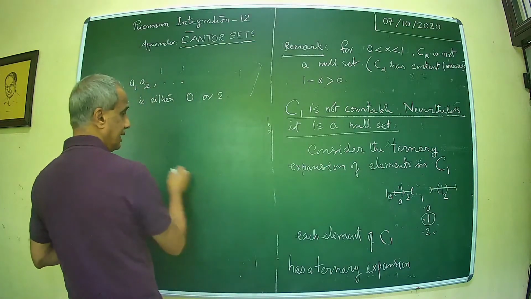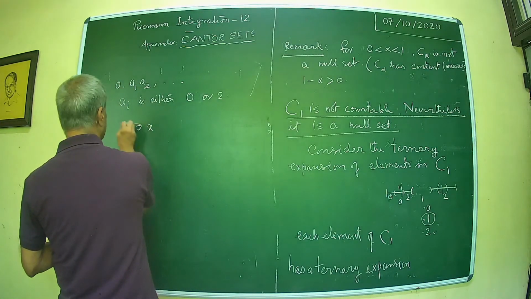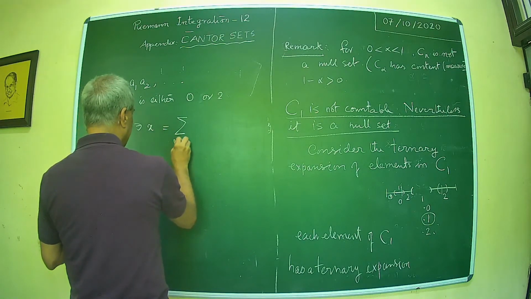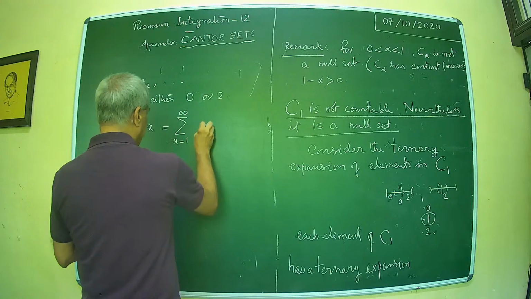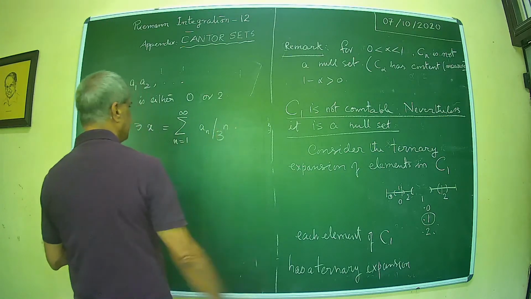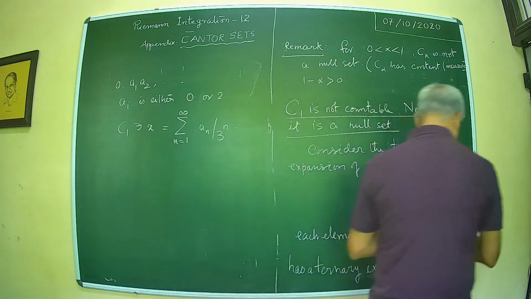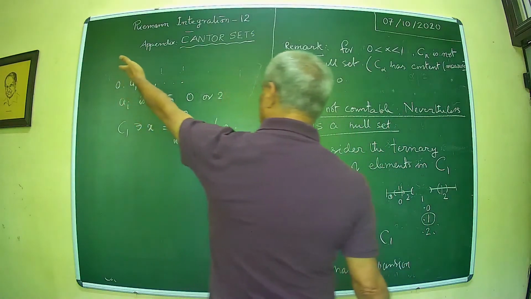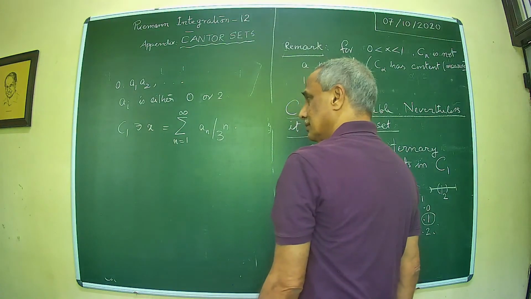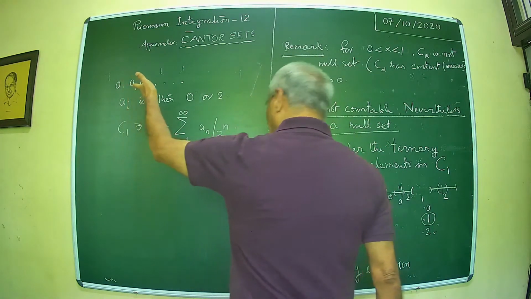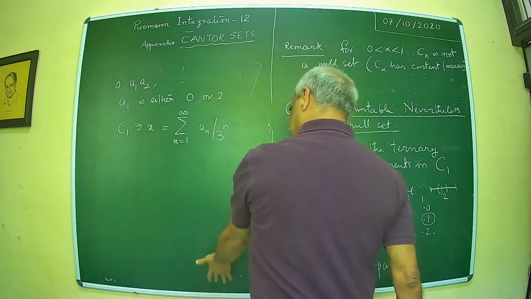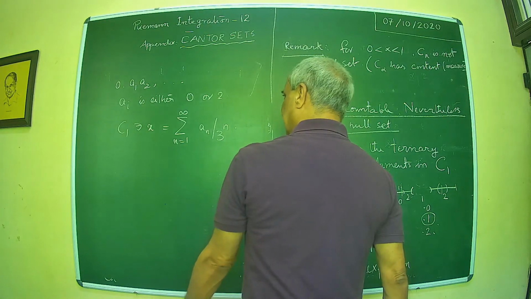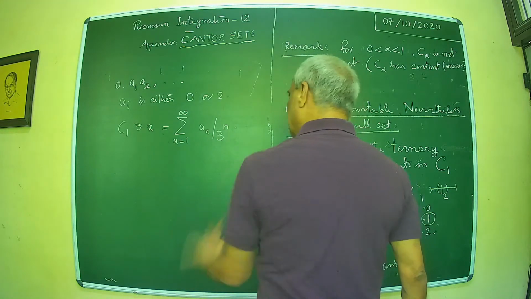In other words, the element x belonging to C1 is of the form the sum from n equal to 1 to infinity of a_n over 3^n. Suppose you assume that it is countable. Then you can list them, one after another, and then you can construct a new number from it.